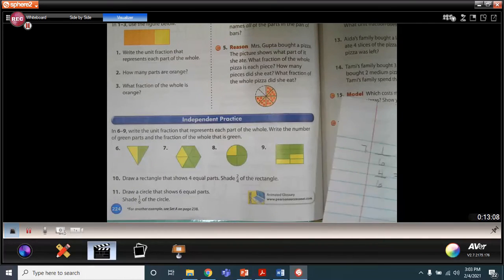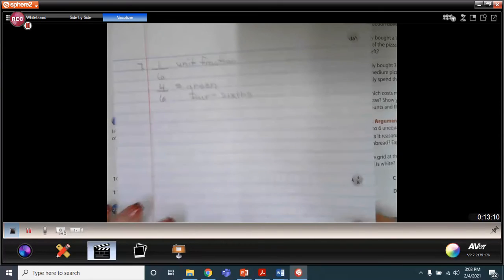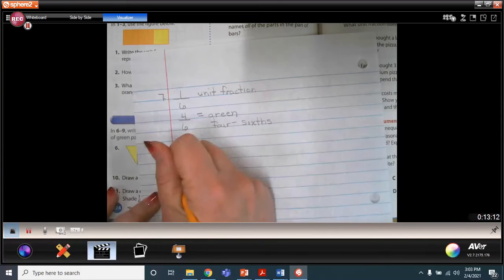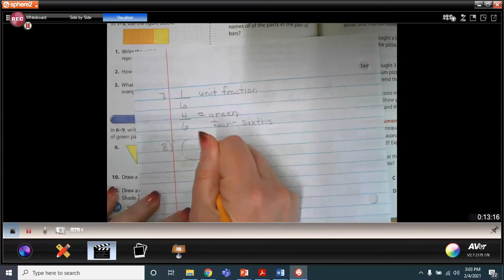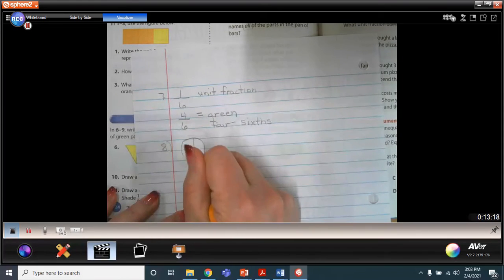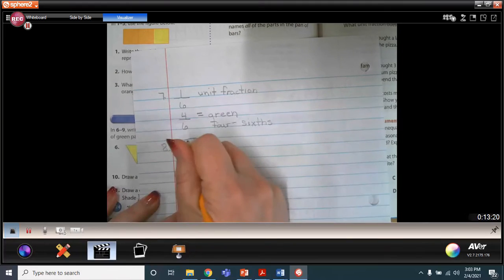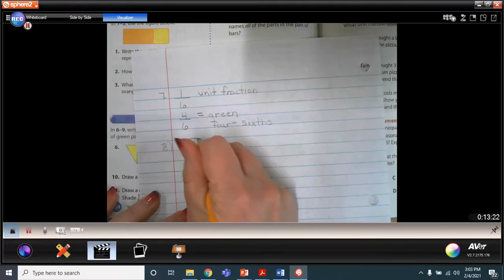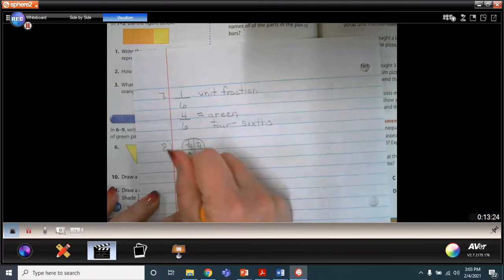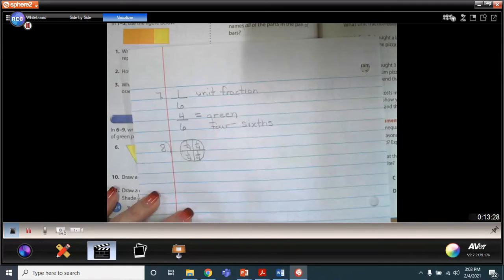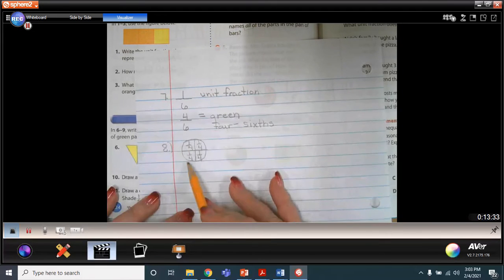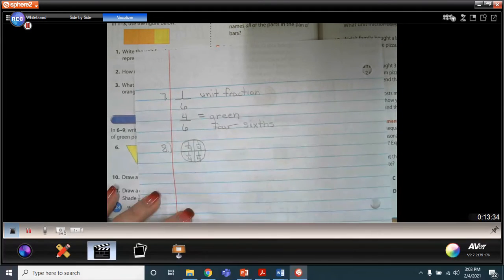Number 8, the circle is in 4 equal pieces. So I'm just going to draw my circle here. And each one of those pieces is going to be one of the 4 pieces, or my unit fraction is 1/4. So my unit fraction is 1/4 because each one of these pieces is one of the 4 pieces.